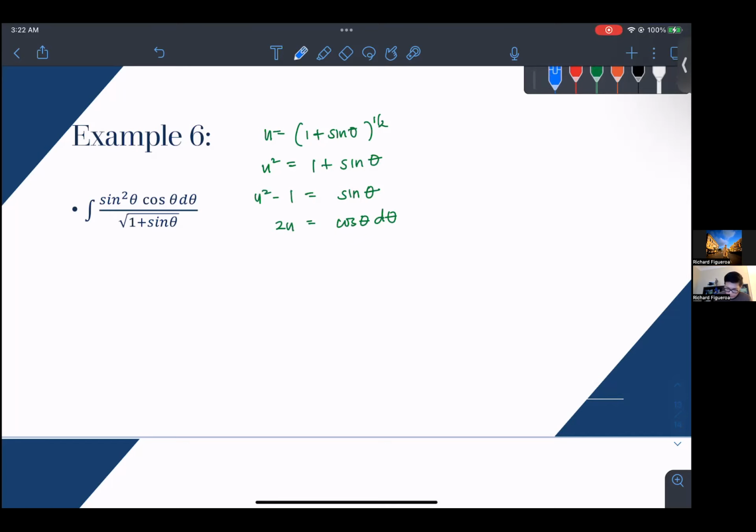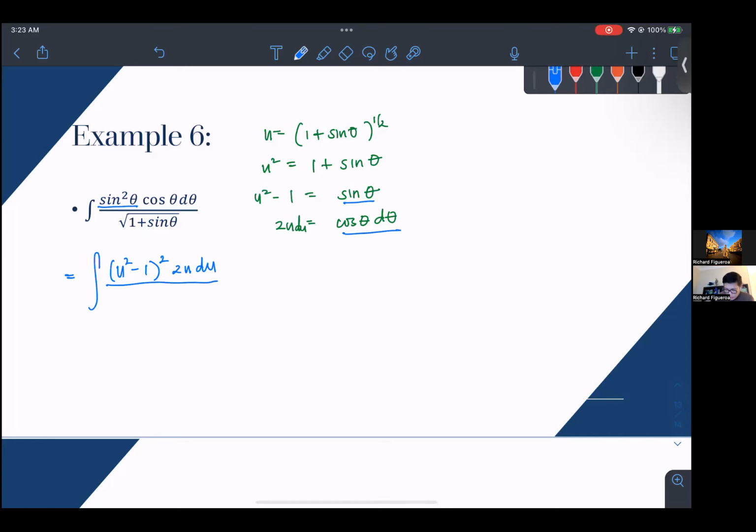We'll start with sine squared theta. Sine theta is u squared minus 1, however there's a square there, so sine squared theta is u squared minus 1 raised to 2. Then cosine theta d theta is 2u du.